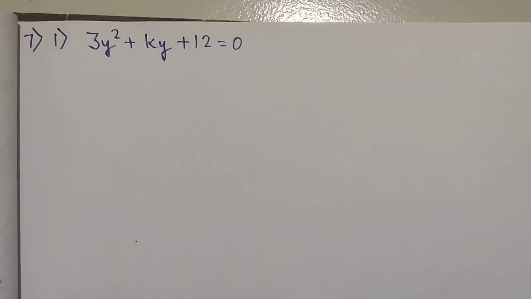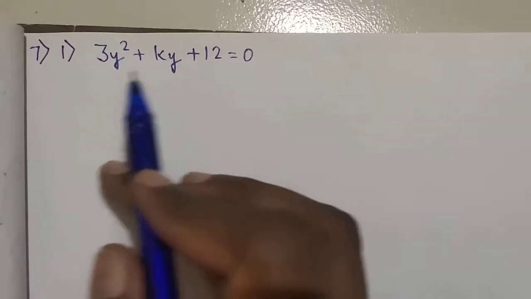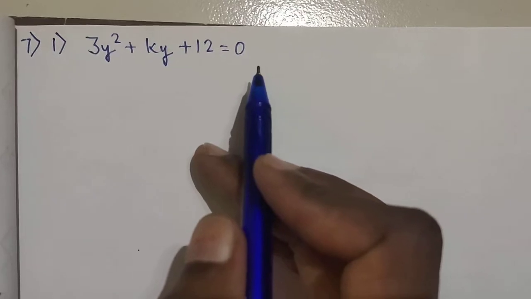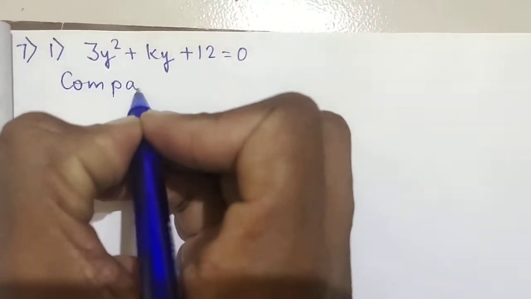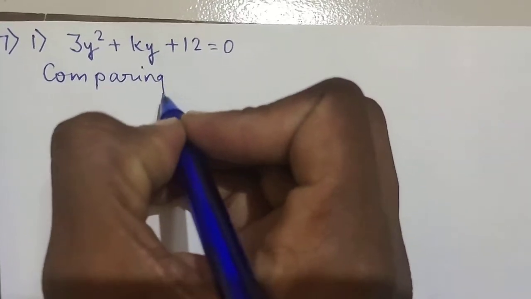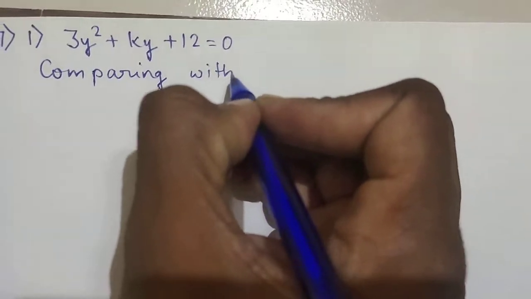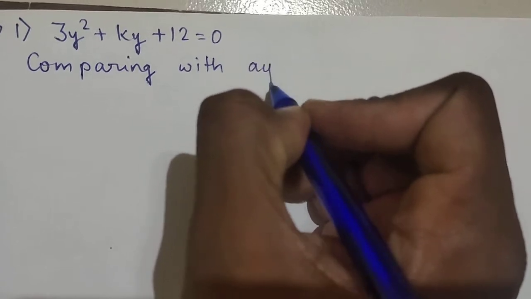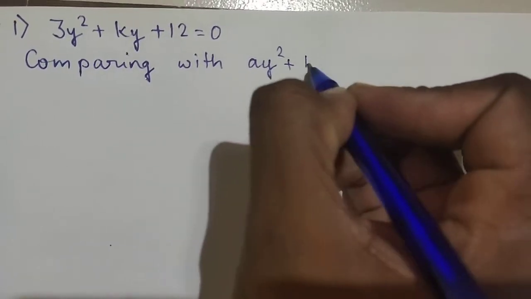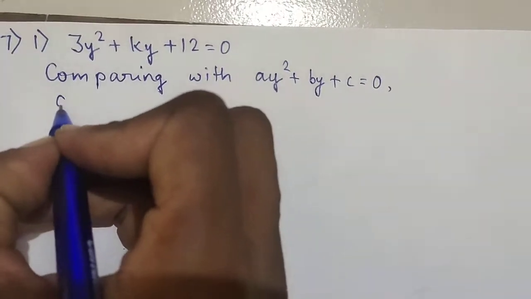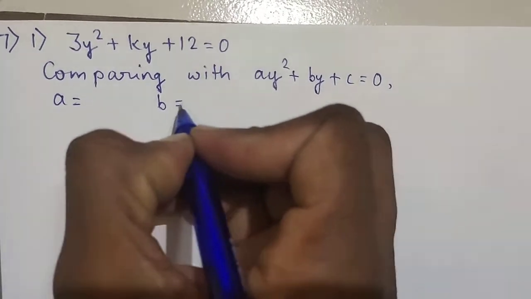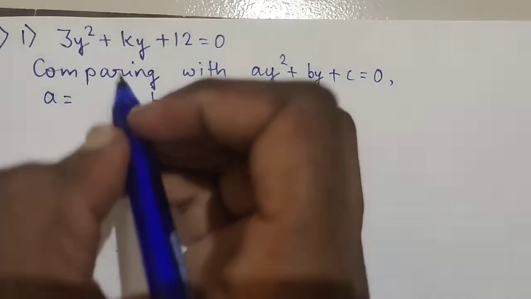Okay. See, already I have written the question, which you can see here. 3y square plus ky plus 12 equals to 0. First, let us find out the values of a, b and c. So for that purpose, comparing with the standard form, that is ay square plus by plus c equals to 0. If you compare now, you are going to get the values of a, b and c.